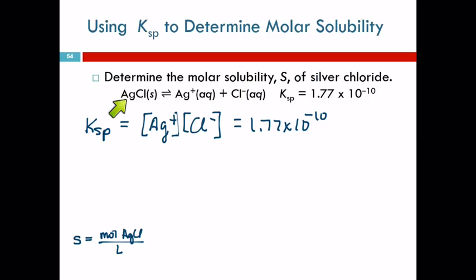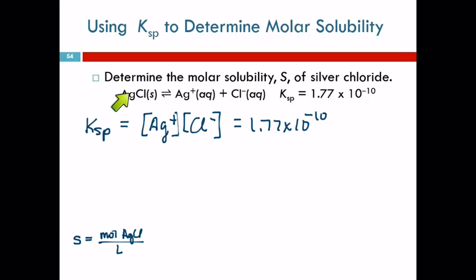For every one of these that dissolves, I get 1 of each of these ions, right? If I have a pair of shoes and I separate the shoes, how many left shoes do I have? 1. And how many right shoes? 1. If I have 15 pairs of shoes and I separate them, how many right shoes do I have? 15. They came together. They have to have the same number. Does that make sense?